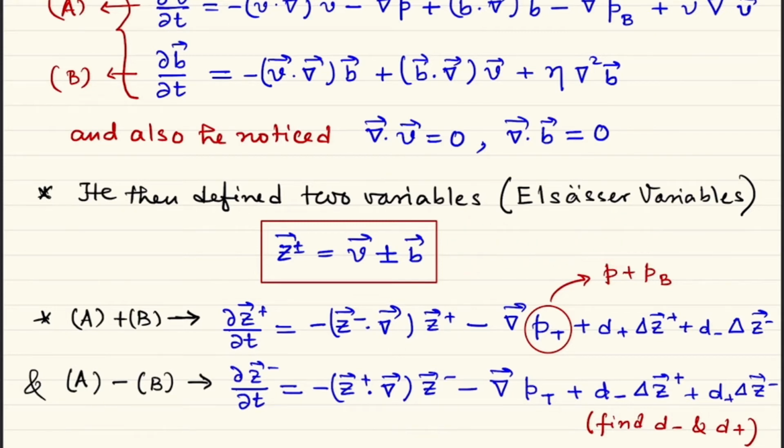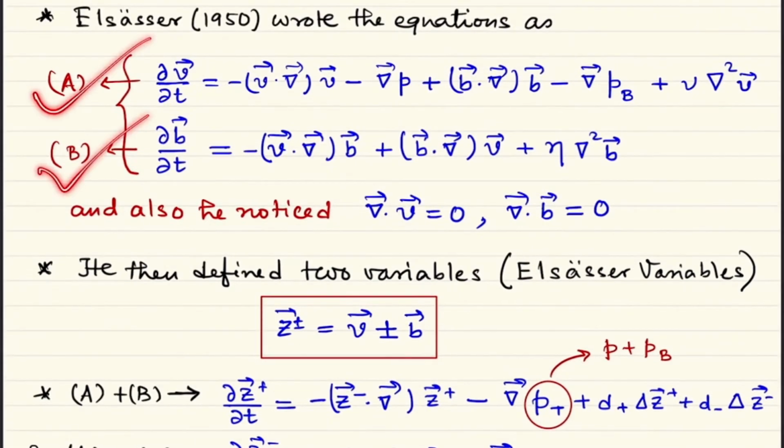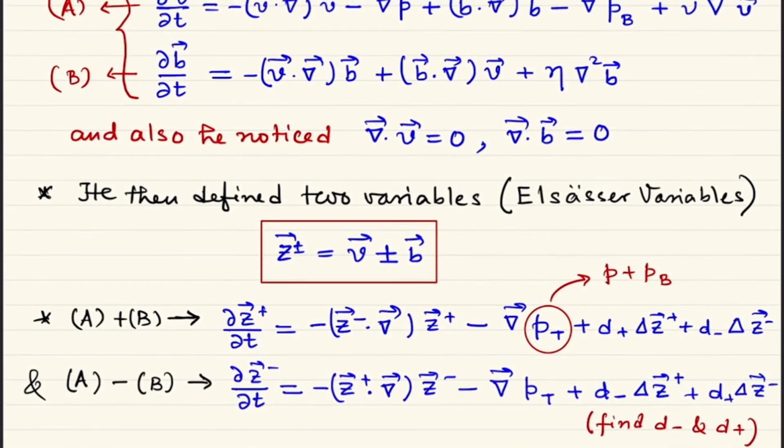Now if you add and subtract the two equations, you will get the equation for Z plus: ∂Z plus/∂t is equal to minus Z minus dot nabla Z plus minus gradient of P total, which is P plus PB, plus the viscous term, which is written in a fancy way.